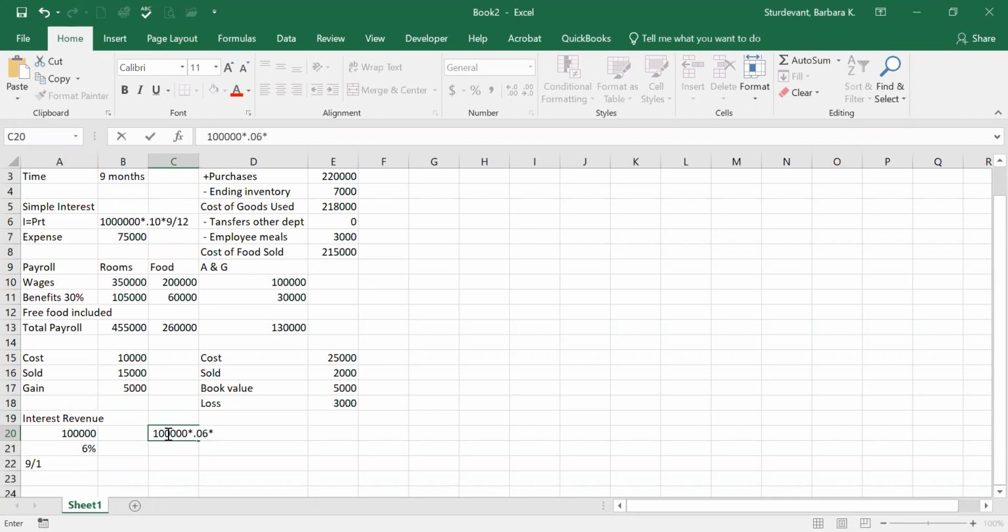So how many months this time? 4. Good. So if I copy that down. That's our interest. Okay, so that's what you have to do first each time.